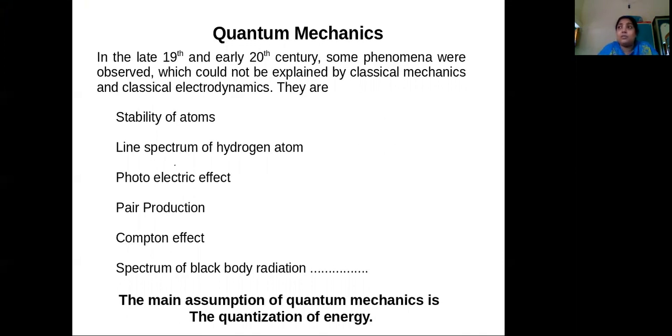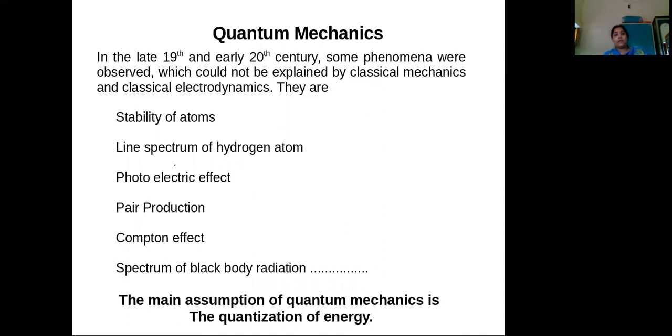And what was the specification? The angular momentum for each orbital was nh by 2 pi, where h is Planck's constant and n is any integer. If those were fixed, then it explains the stability of atom, as well as the line spectrum of hydrogen atom.